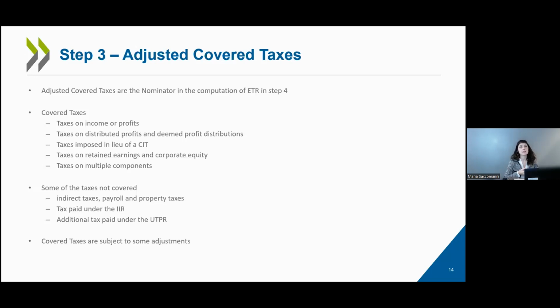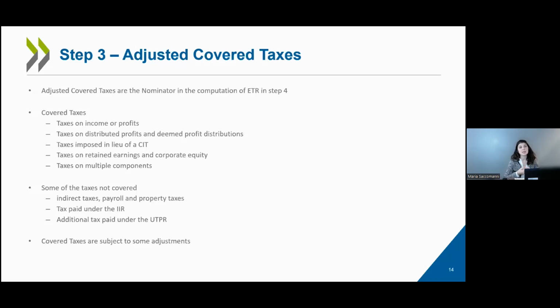Basically, these are taxes on income or profits, taxes on distributed profits and deemed profit distribution, taxes imposed in lieu of a corporate income tax, taxes on retained earnings and corporate equity, and taxes that might be levied on multiple components, both an income or an equity component, but where the income component is the predominant one and where it is not possible to split the two.